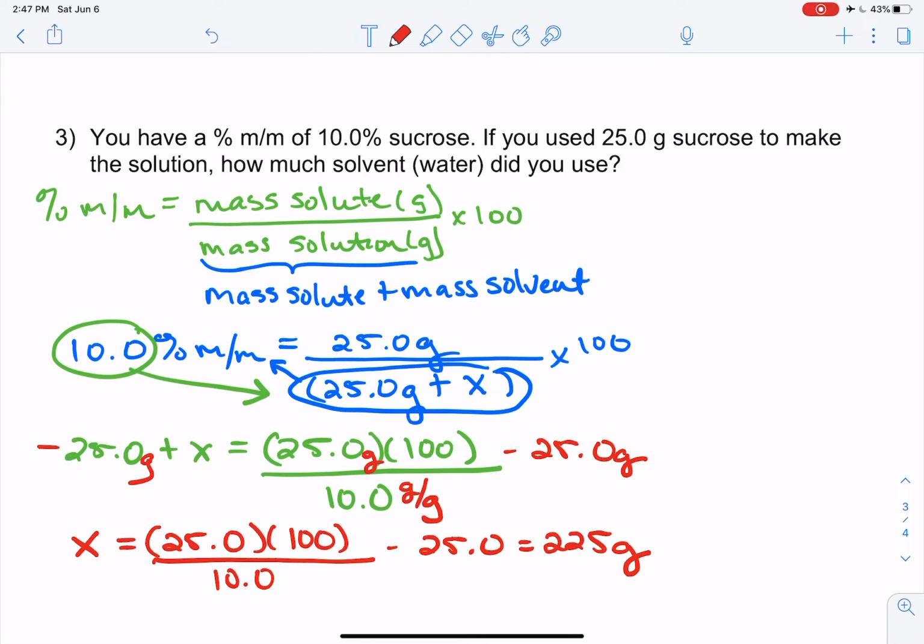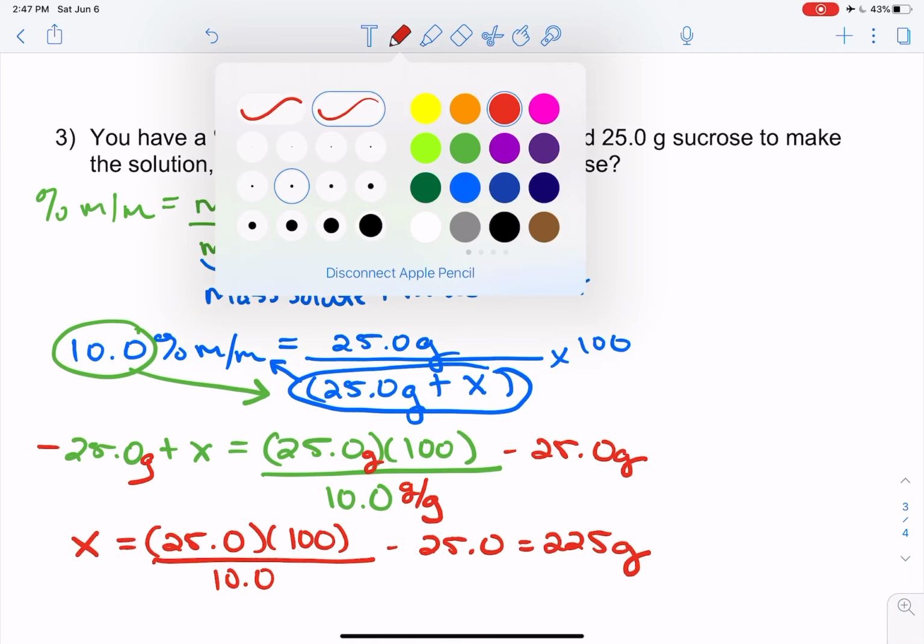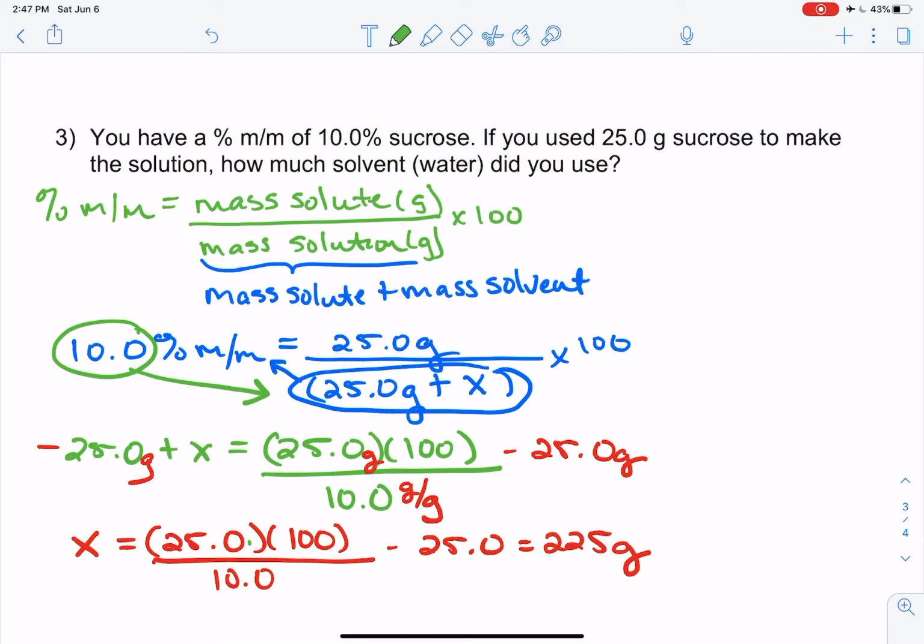Well, we had grams here, and we had grams over grams here. So these grams would cancel out, one on the top and one on the bottom. And then if you have something on the bottom of the bottom, it gets a ticket to the top, and we've seen that before.